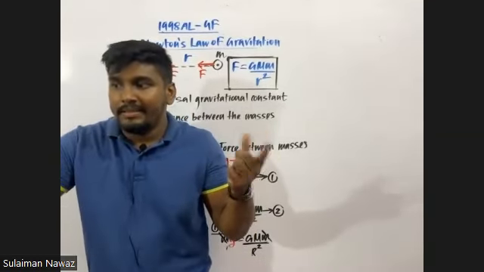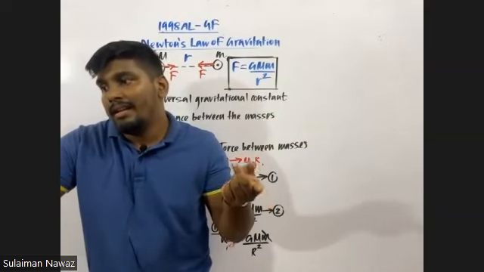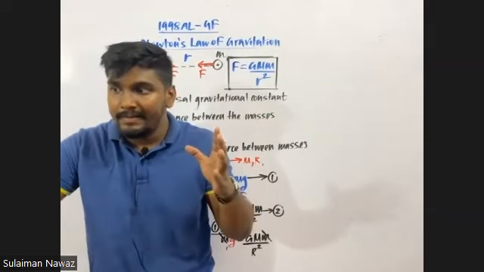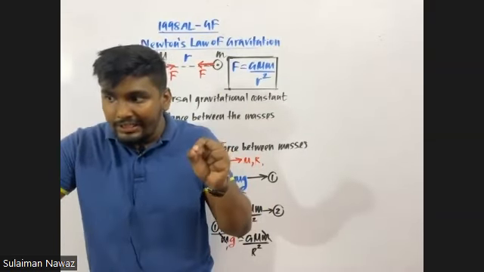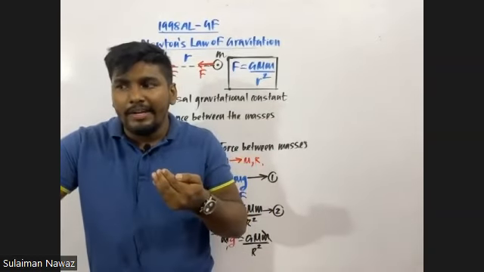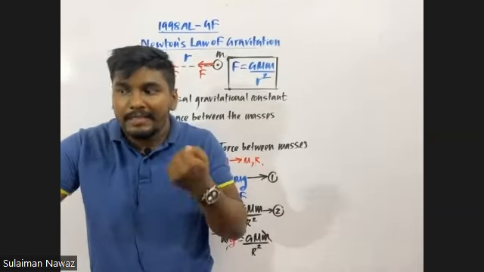The radius of the Earth is 6.4 times 10 to the power 6 meters. Find the height of its orbit from the surface of the Earth.